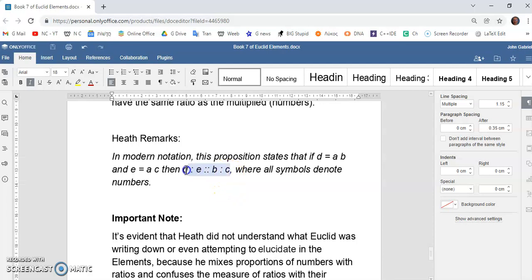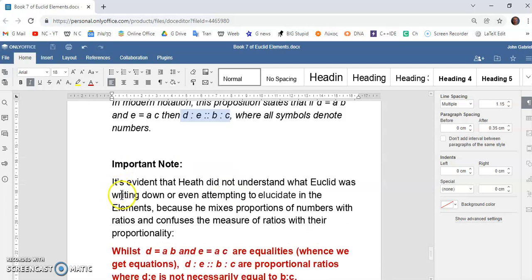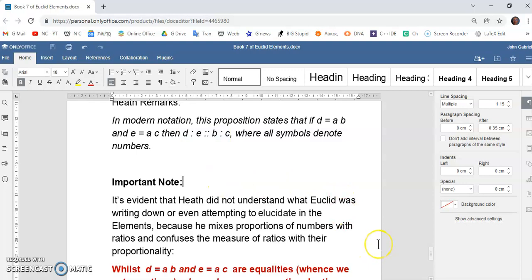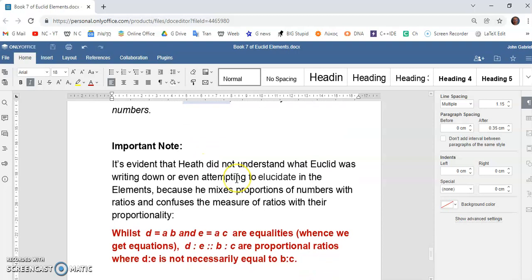So Heath actually got this wrong, okay? It's evident that Heath did not understand what Euclid was writing down or even attempting to elucidate in the Elements, because Heath mixes proportions of numbers like these with ratios, and confuses the measure of ratios with their proportionality.